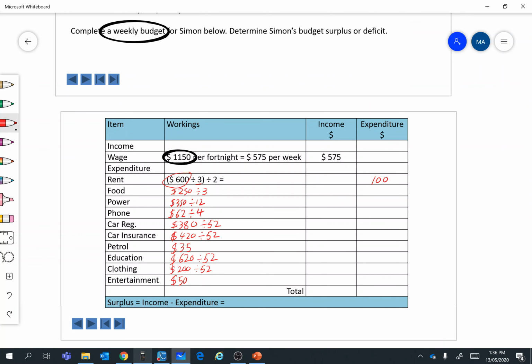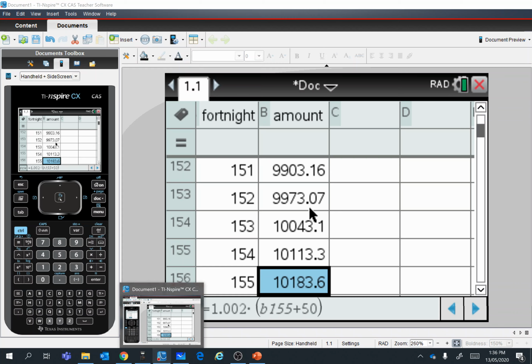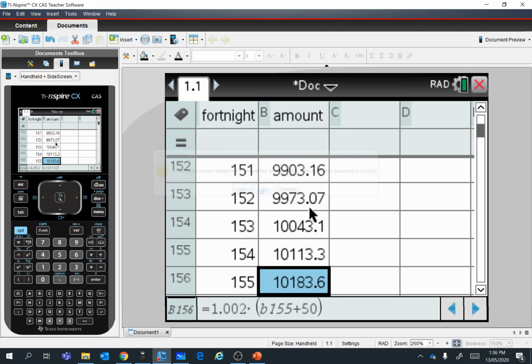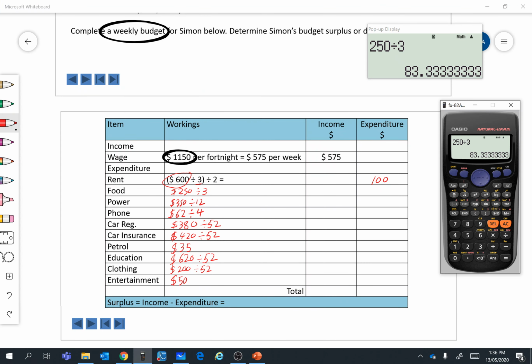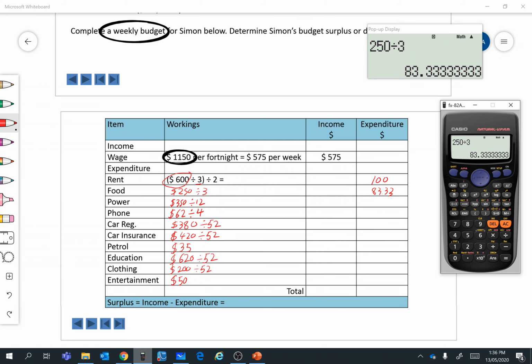All of these ones do. 250 divided by 3 is 83.33. Let's go to the nearest cent there. 350 over 12 is $29.17, going to 2 decimal places for the nearest cent.